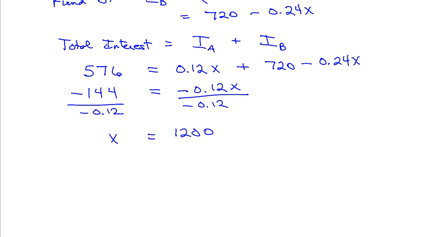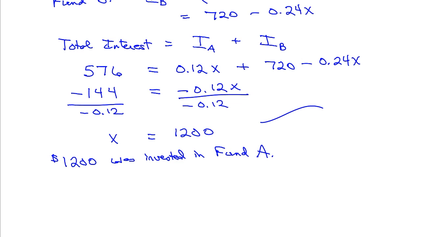Now looking back at the table, x was the amount invested in Fund A. So $1,200 was invested in Fund A. And I need to do a calculation to figure out how much was invested in Fund B. We know that the amount invested in Fund B was 3,000 minus x.